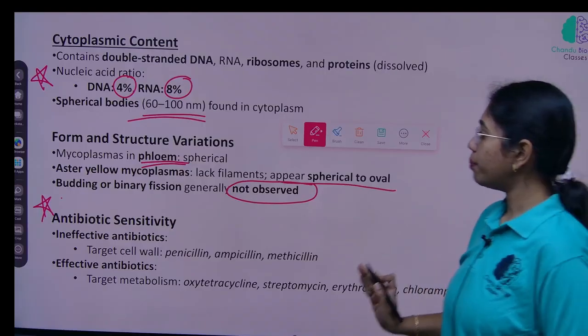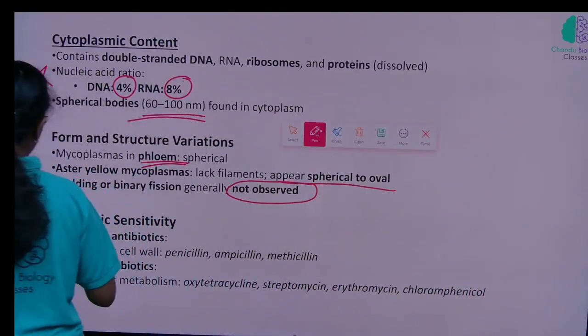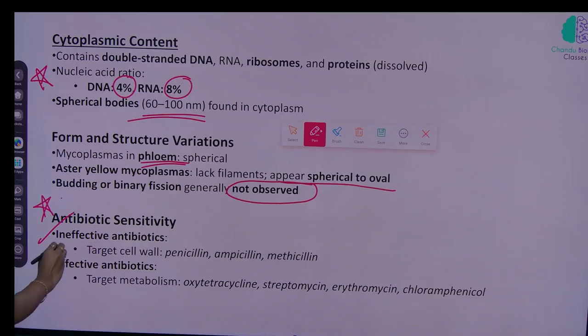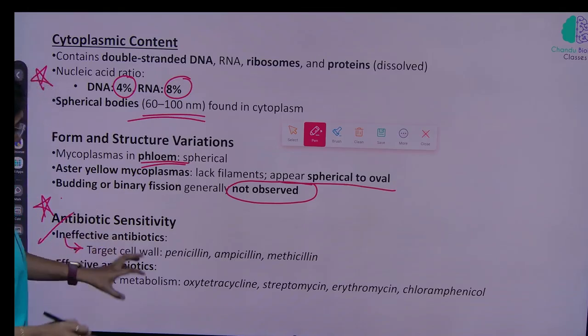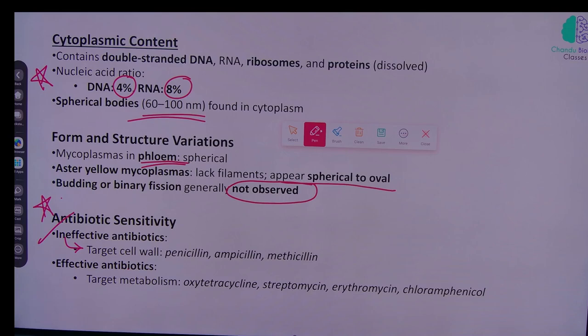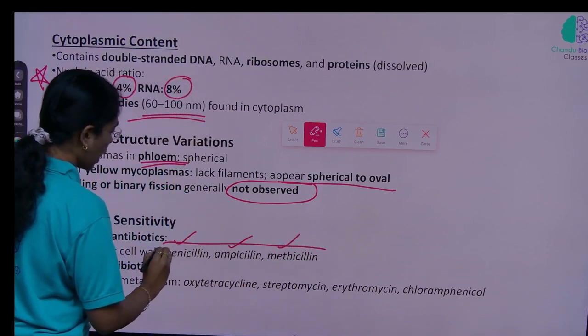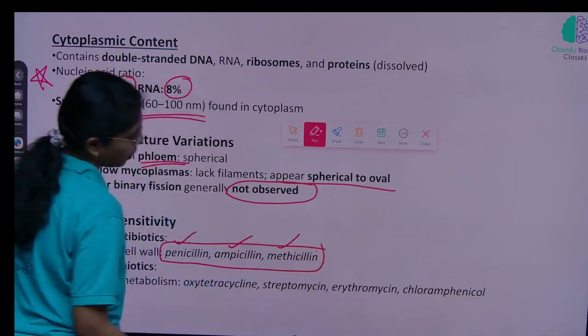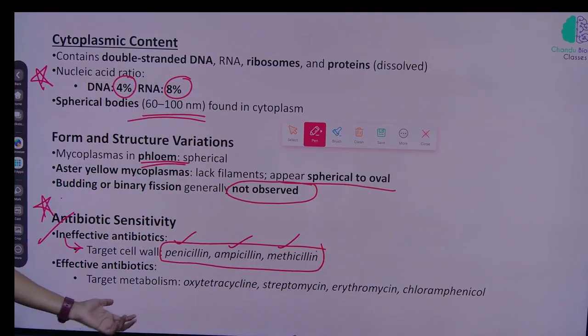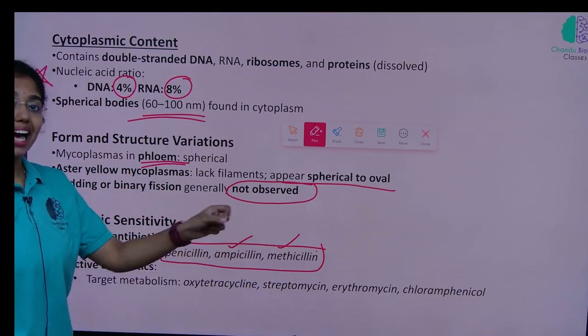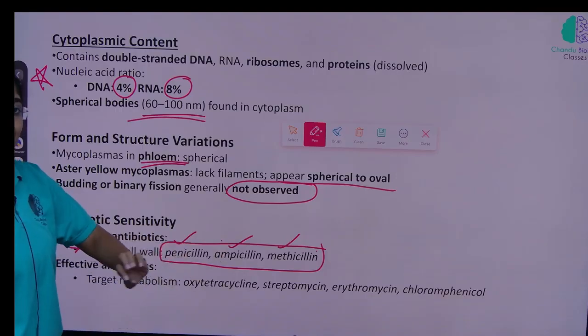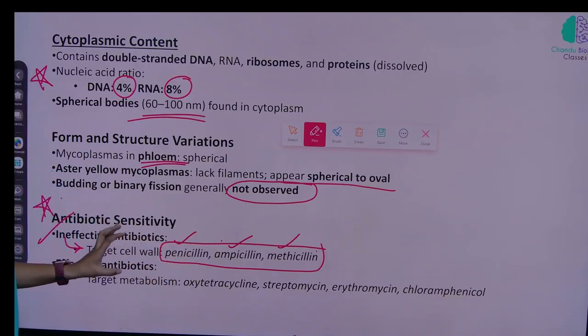Next, antibiotic sensitivity. Ineffective antibiotics are those that target the cell wall, like penicillin, ampicillin, methicillin. Mycoplasma is not sensitive to these because it does not have a cell wall, so they show no effect on Mycoplasma.